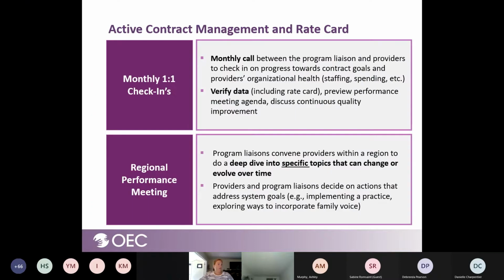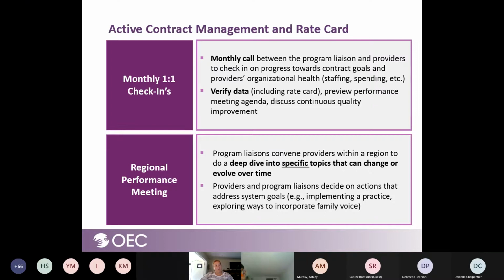Next slide, thank you. So the ACM, or active contract management process, will include 1-to-1 monthly check-ins between program liaisons and providers, as well as more formal bi-monthly regional performance meetings. The one-on-one check-ins are intended to be used to check in on progress toward contract goals and your organizational health. Rate card data will be discussed and verified during these check-in calls.